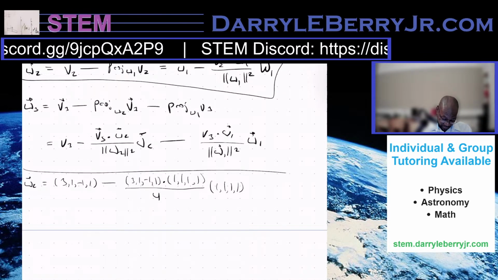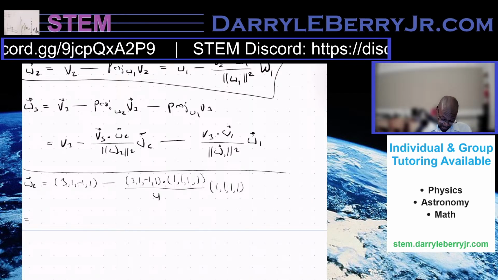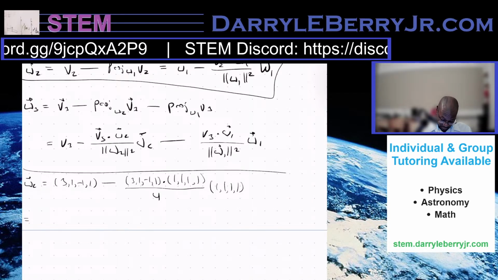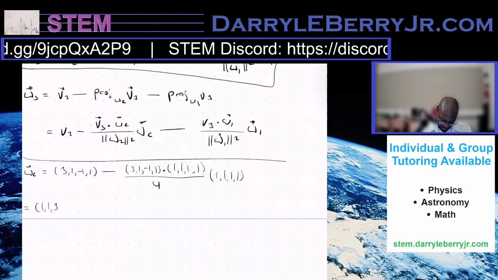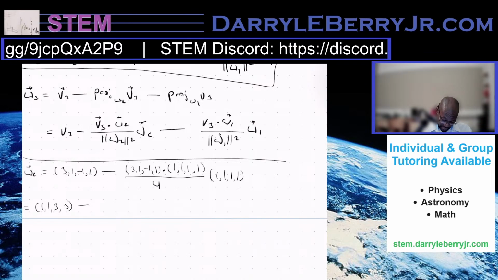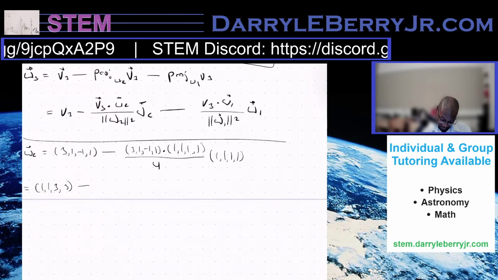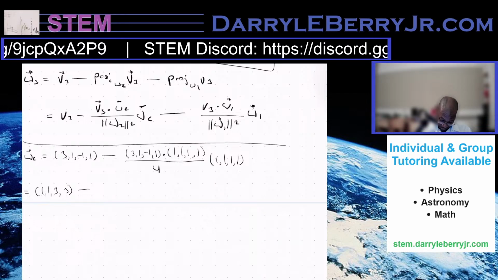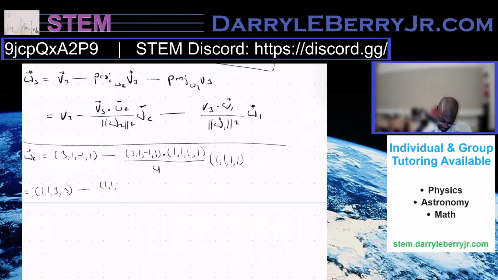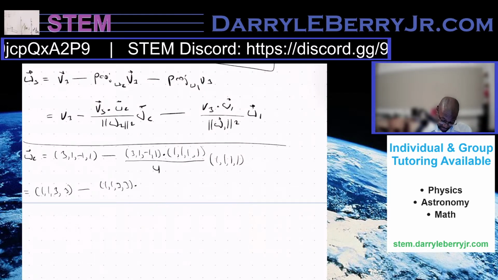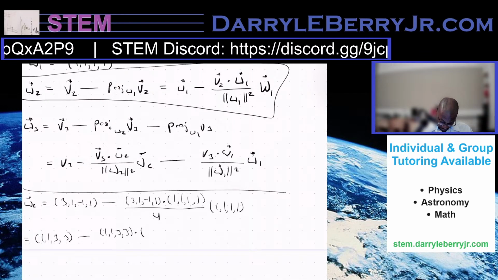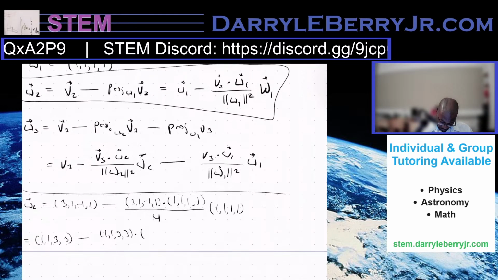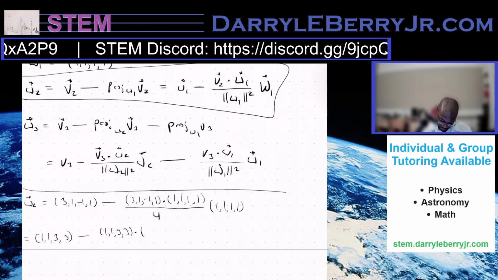and W3 equals, so that's going to be 1, 1, 3, 3, minus 1, 1, 3, 3, dot, crap, I gotta get the second one first.